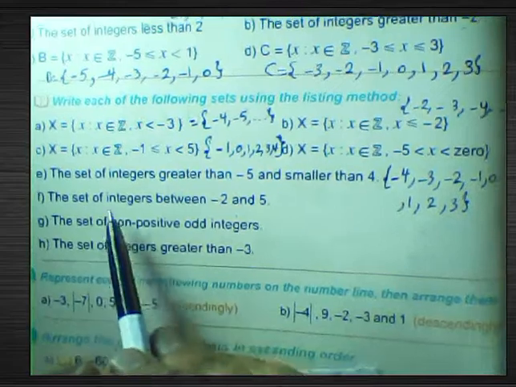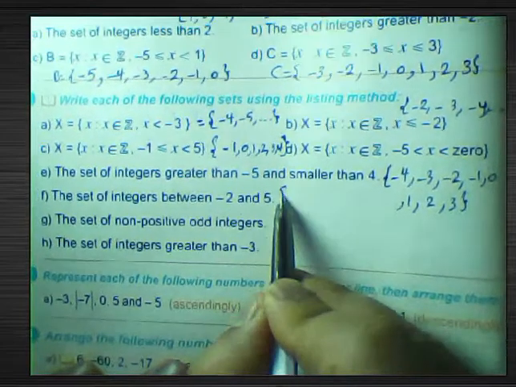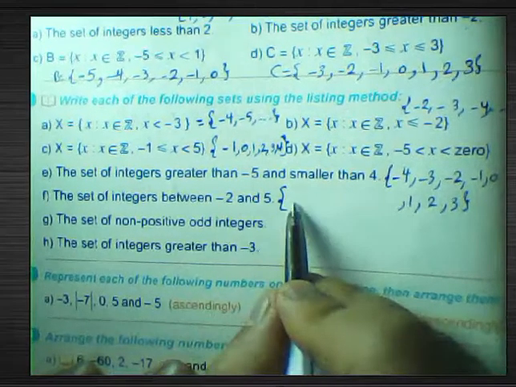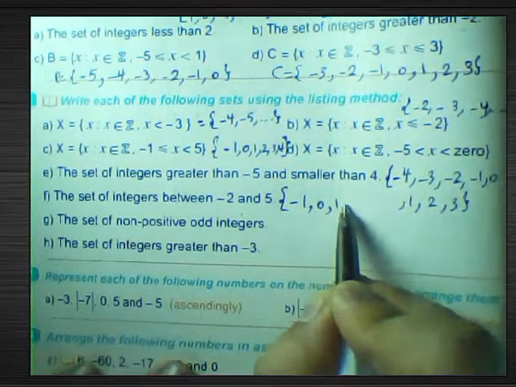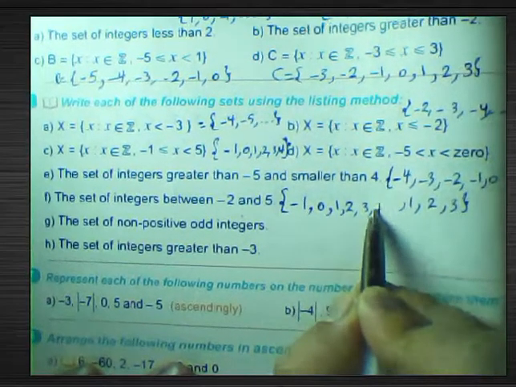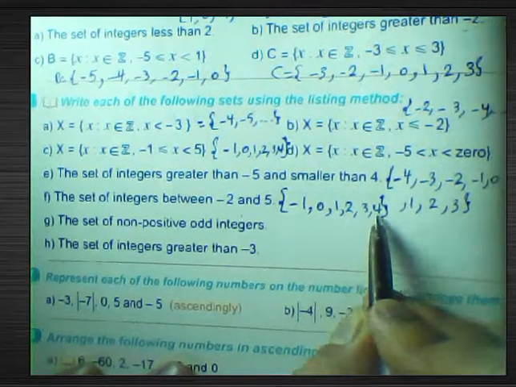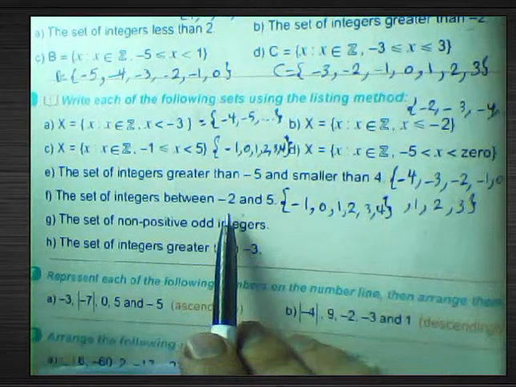Question F. The set of integers between negative 2 and 5. We can write negative 1, 0, 1, 2, 3 and 4 and stop at this integer, because you want to find the set of integers between negative 2 and 5.